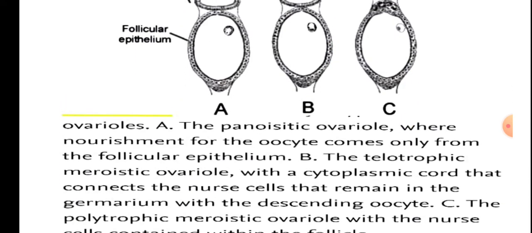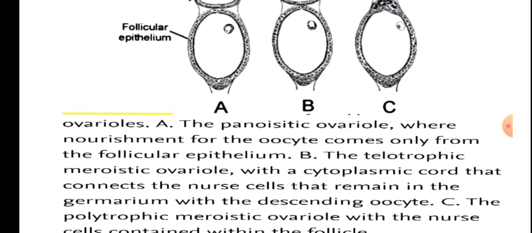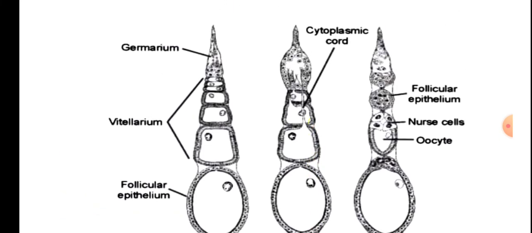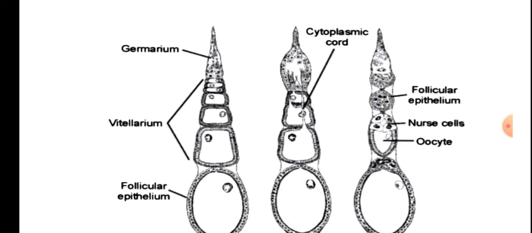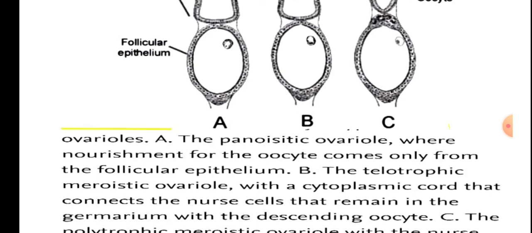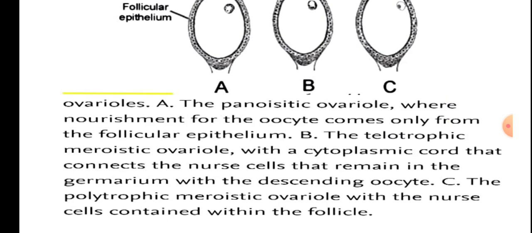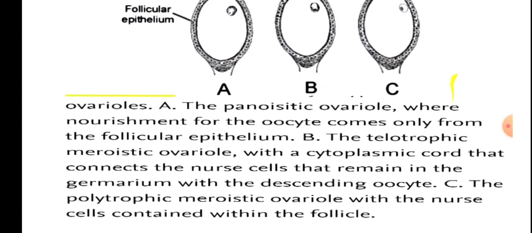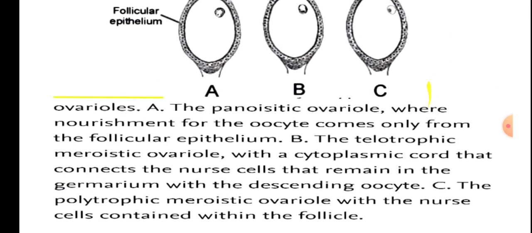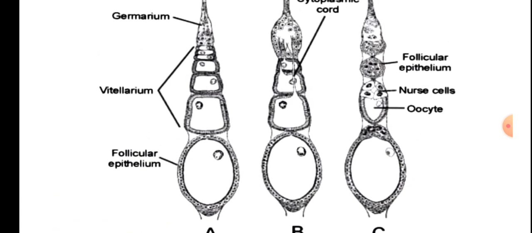Second, the telotrophic meroistic ovariole, where the nurse cells or nutritive cells connect with the ovariole with the help of cytoplasmic cord or cytoplasmic strands. And in the third diagram, the polytrophic meroistic ovariole, where the nurse cells are contained within the follicle.